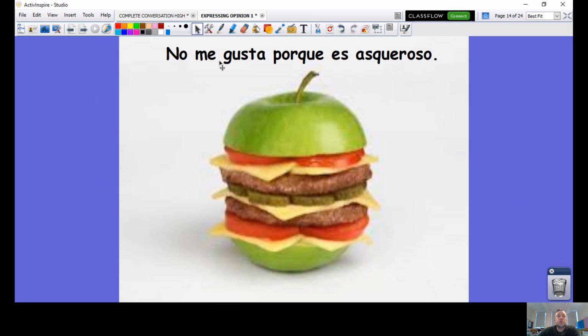I'm going to read it to you. It says, no me gusta porque es asqueroso. I've only used one adjective. You can tell me what this adjective means. Have a look at your sheets. That's right, it means disgusting. My sentence says, I don't like it because it's disgusting. It's an apple and meat and cheese. Not nice at all. Could you read your sentence to me, please? Fantastic. Muy bien. Let's move on to our next picture.